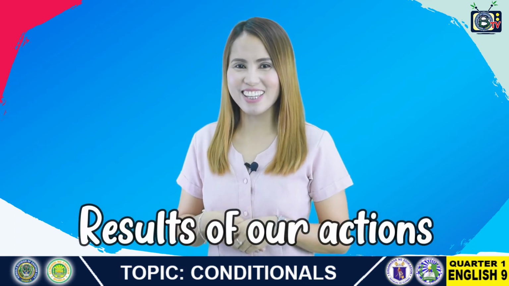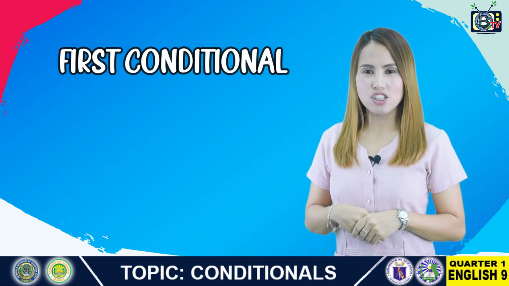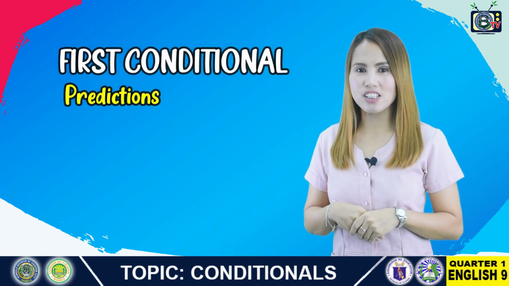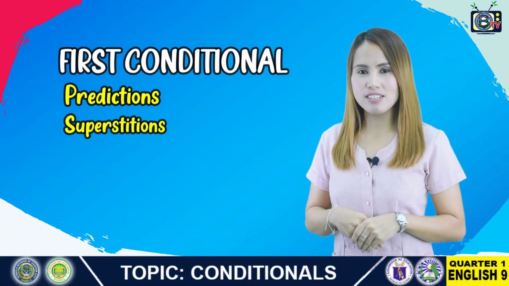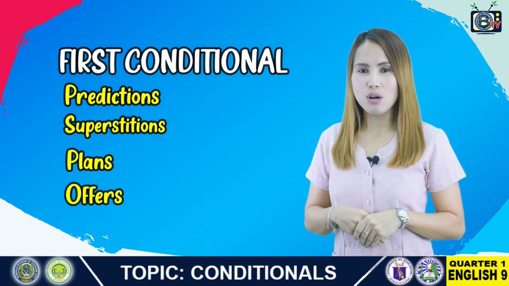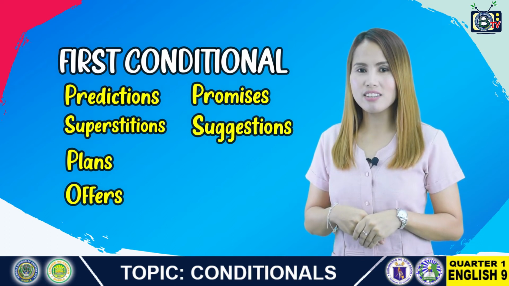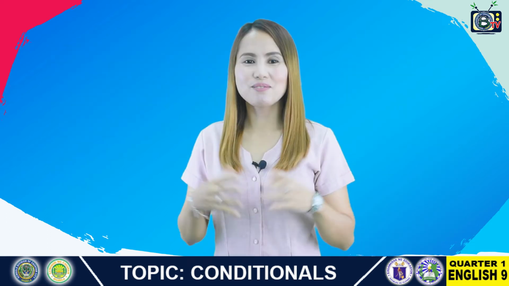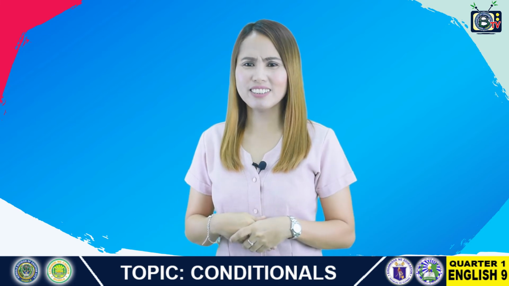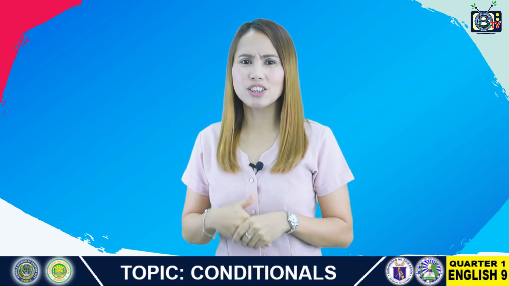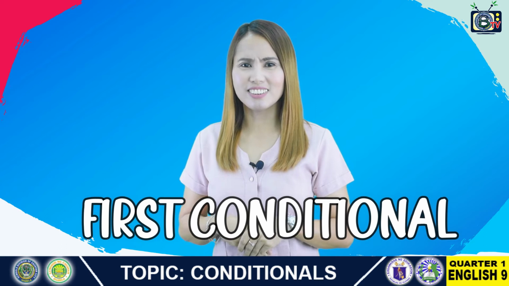Sounds very interesting. We use the first conditional to talk about predictions, superstitions, plans, offers, promises, suggestions, and warnings. Wow, this is so overwhelming that there are a lot that we can use in the first conditional.